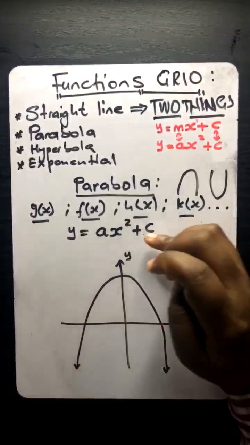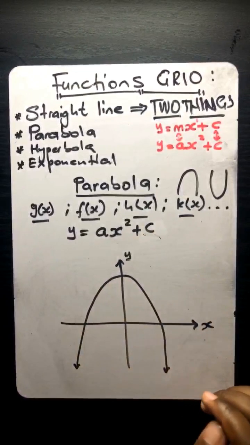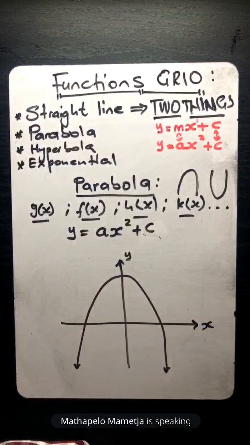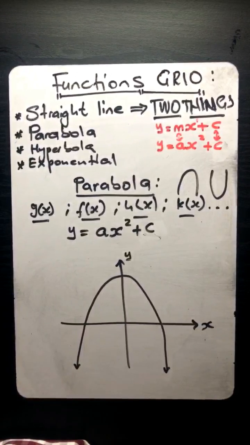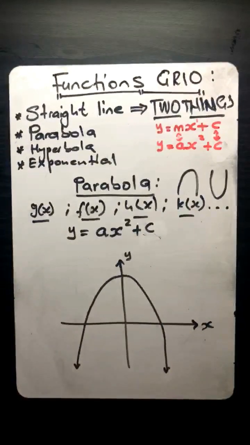So another question, this sad shape, has it shifted upwards or downwards? And how do you know? It has shifted upwards, because this time it is above the x-axis. 100%.